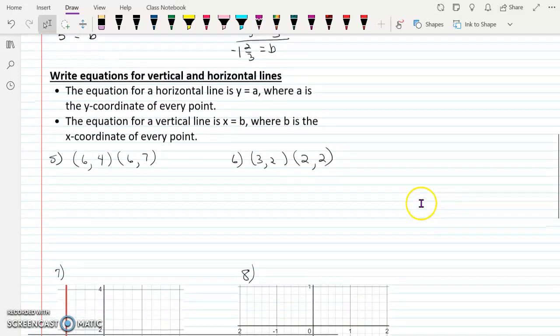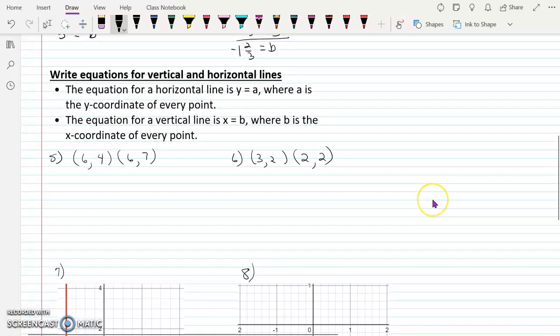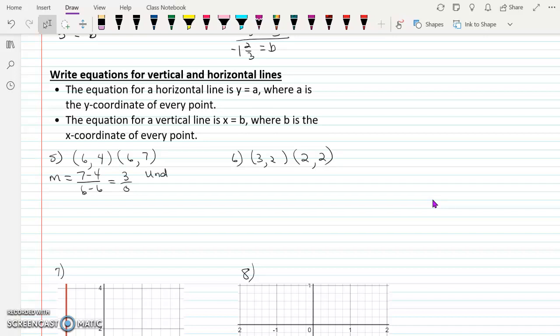Okay, next we want to take a look at horizontal and vertical lines. So I could find the slope of this, 7 minus 4 over 6 minus 6. I see that I have a 0 in the denominator, which is not possible, so this is an undefined slope, which tells me this is a vertical line.